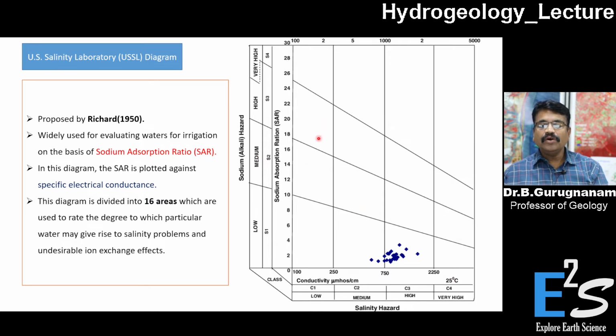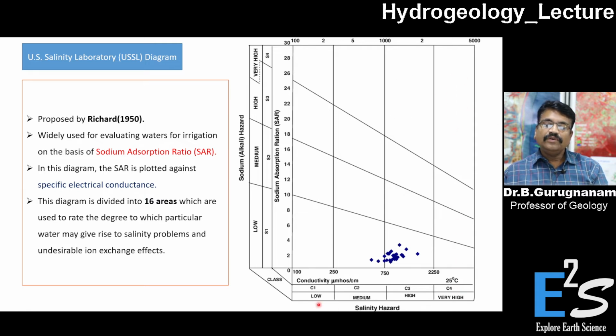Here this block is C1S3, this block C2S3, this block C3S3, and this block C4S3. And similarly this block C1S4, this block C2S4, this block C3S4, and this block C4S4.